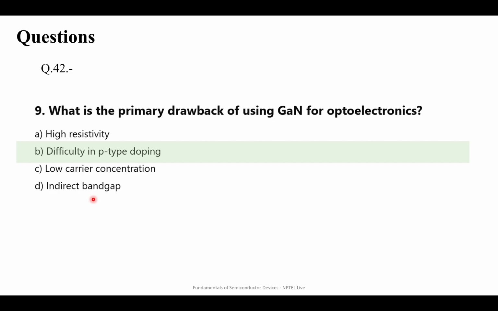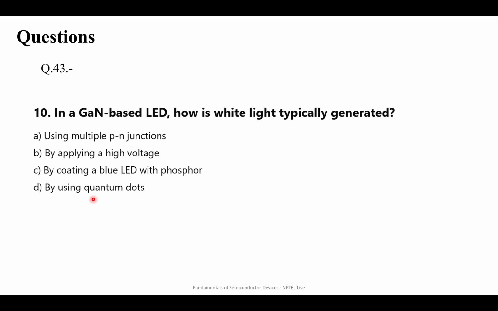For LEDs and photodetectors, you want to make a diode. That is, you want to join a p-type and an n-type material, right? But p-type doping in gallium nitride is not easy. It's very difficult. Yes, sir. Understand, sir.